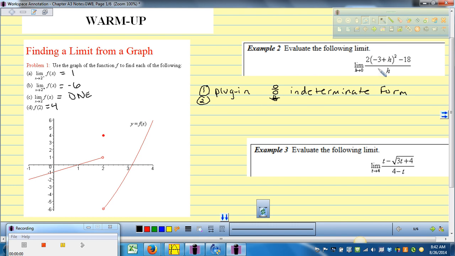So what can we do if, when we plug in, we get something strange like 0 over 0? Simplify, yeah. And different ways. What I say is we need to change the look of the problem. And what are the different ways that we can change the look? Stacy? Well, you can multiply out the negative 3 plus h squared.